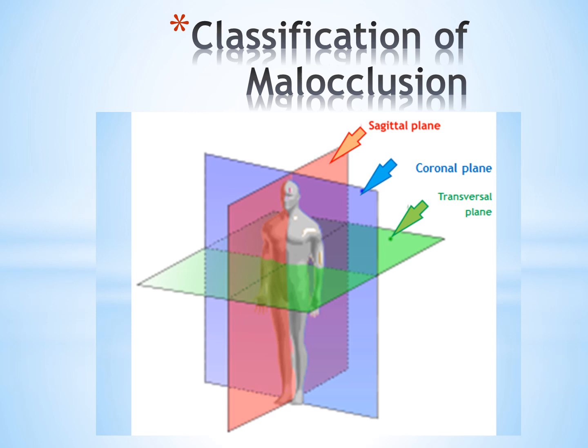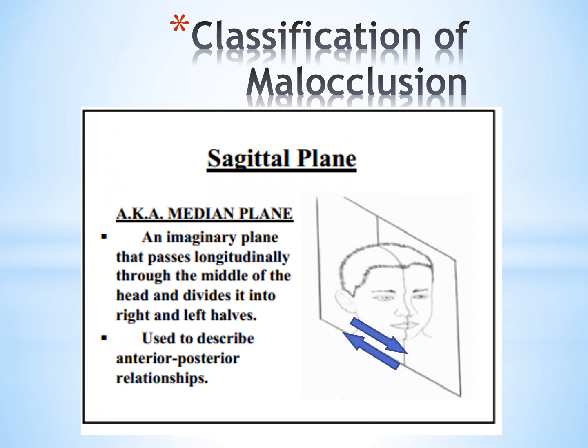In medicine in general and in dentistry partially, the sagittal plane is an imaginary plane that passes longitudinally through the middle of the head and divides it into right and left halves.